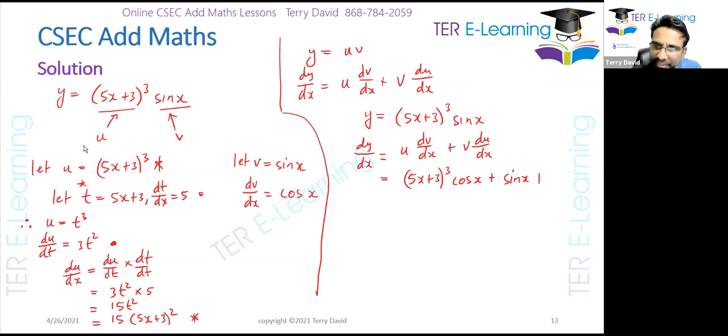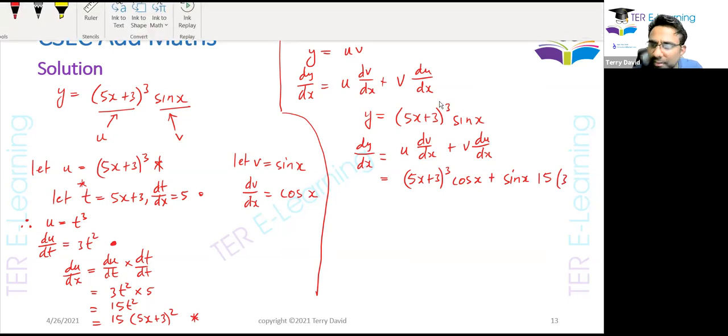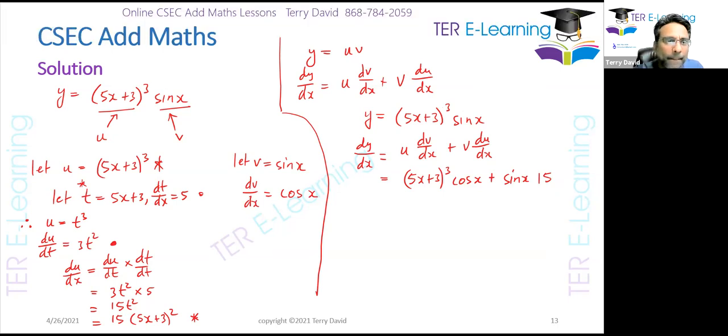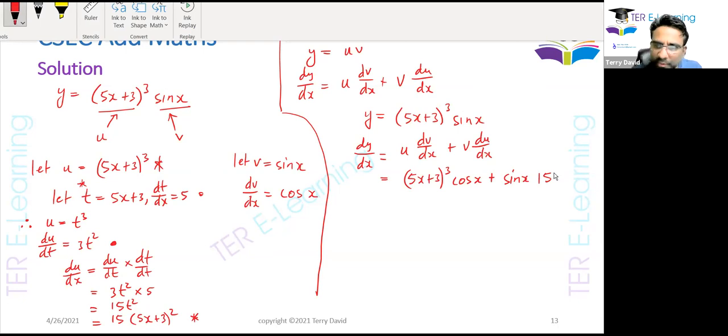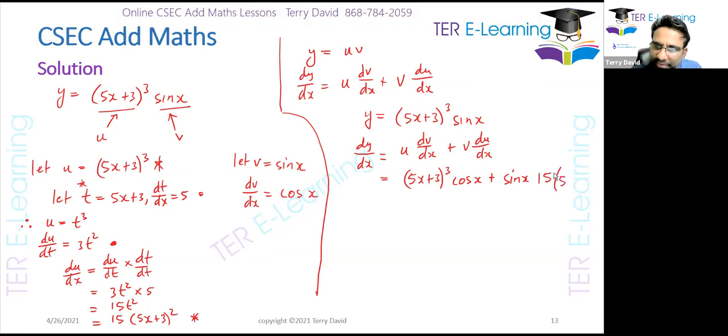That's 15 times (5x + 3) squared. So let's just neaten up this answer a little bit.